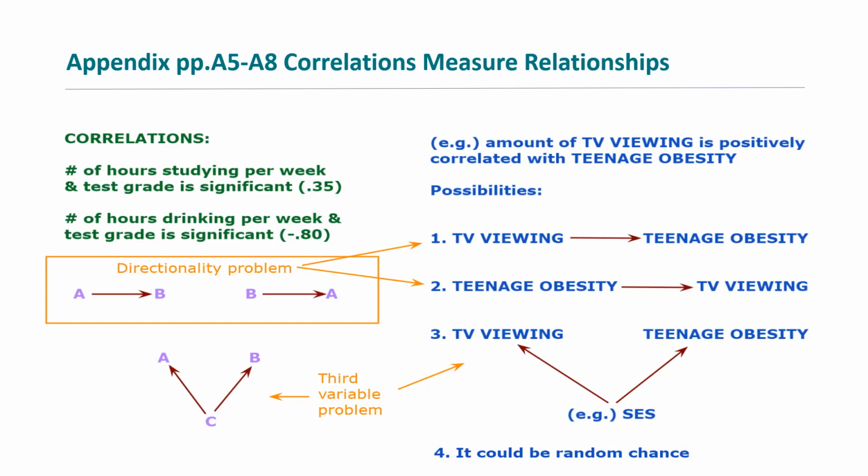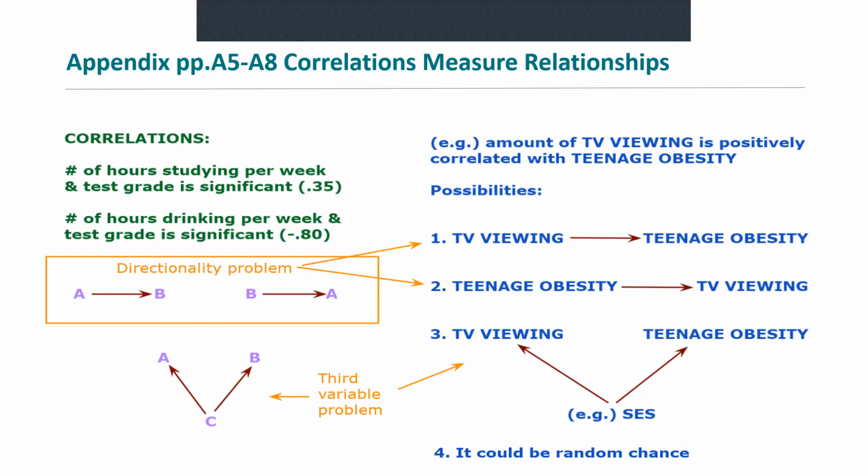It may have been the test results that caused them to increase their drinking. So once again, we have the directionality problem, and there might be a third variable problem in this as well. I didn't really think of an example, but that's always possible.